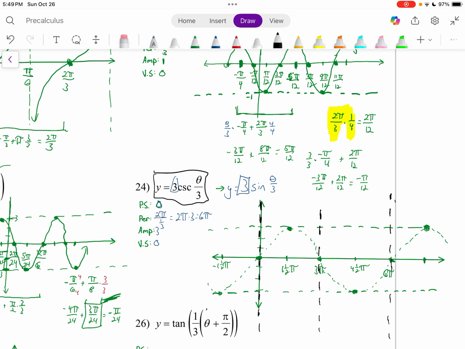So I'm going to come over here. I'm almost running into number 26 here, but let's graph this. And there is the sketch of y equals 3 cosecant of theta over 3.